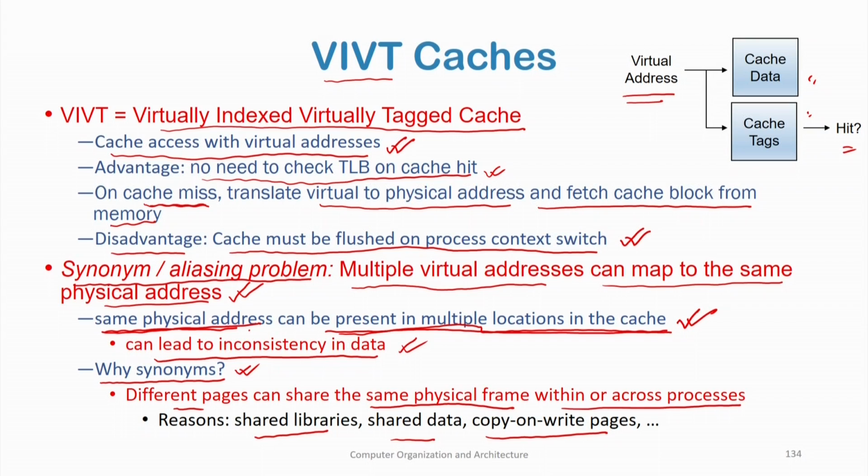It tries to solve the problem by taking the TLB out of the critical path of a data access. This was the motivation for bringing in virtually addressed caches, but it introduced two new problems. The first was that the cache needs to be flushed at every context switch, and that may lead to potential latencies due to cache misses of a later process, some of which could have been avoided if I did not have to flush the cache.